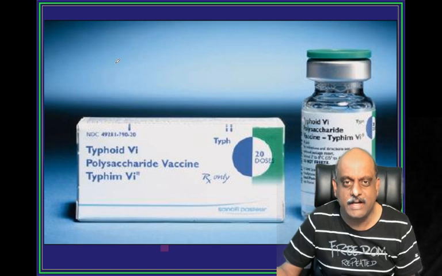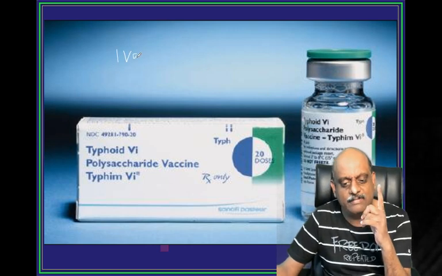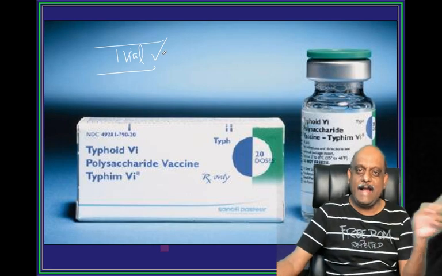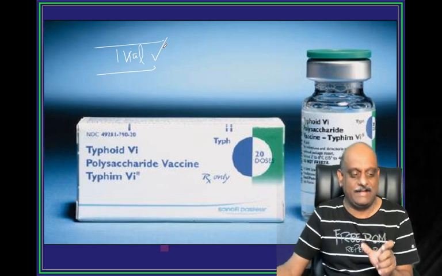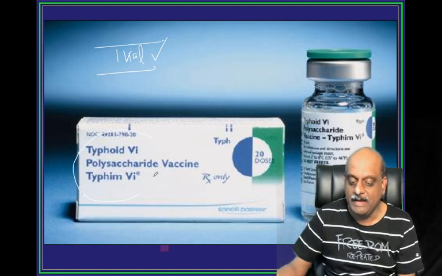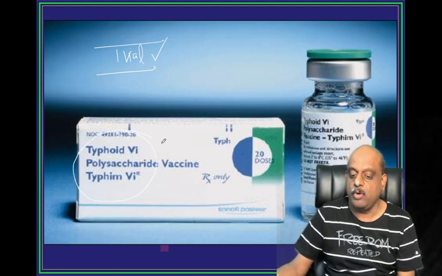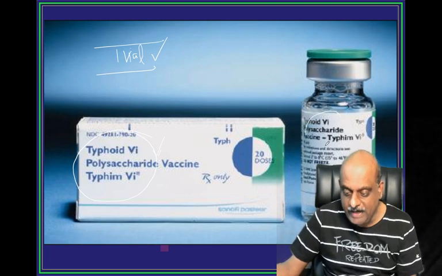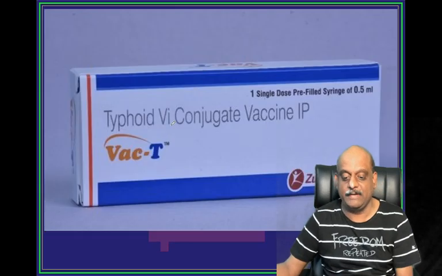Always in vaccination, at least one vial, you should go to the pediatrics department and see the vaccine. You will never forget. So this is a typical typhoid polysaccharide vaccine. Typhim Vi typically looks like this.